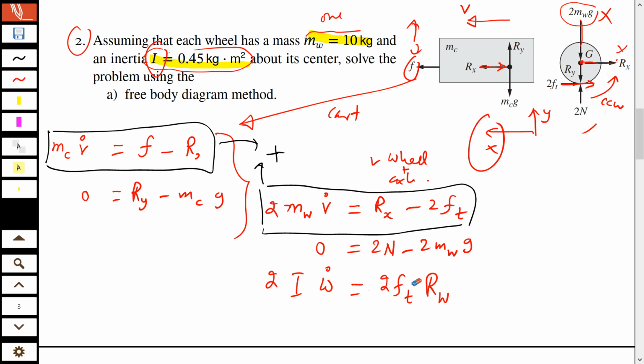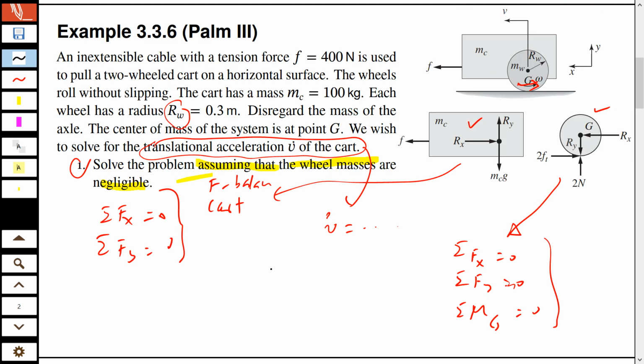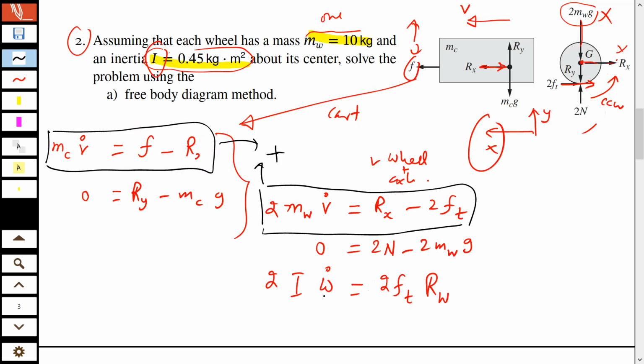Similarly, now you will see the importance of this assumption. What was the importance of this assumption? The wheels roll without slipping. Now this assumption means that you can connect the linear velocity with the angular velocity, and that will be connected through Rw, which means that I can now replace this omega by V over Rw.